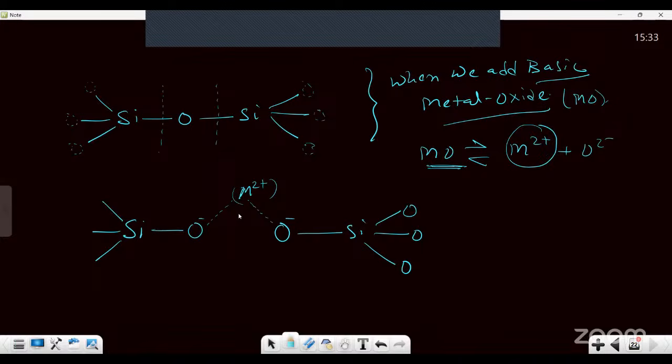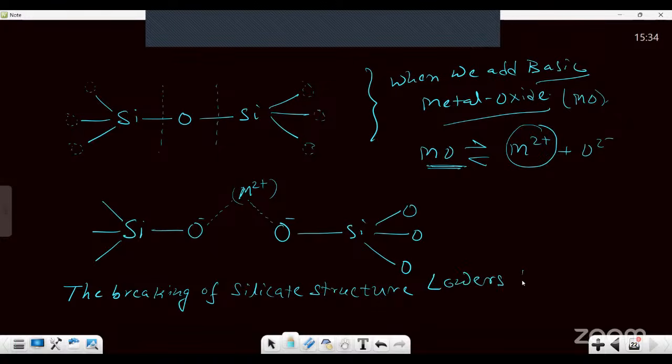That is why addition of basic metal oxides lowers the viscosity of the slag, because the bonds are broken into smaller units, and smaller units are more mobile, meaning they can move more freely. So the breaking of the silicate structure lowers the viscosity of the slag.